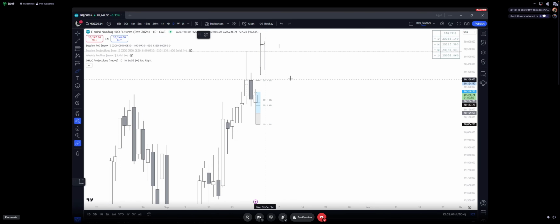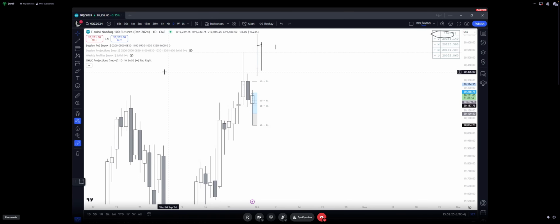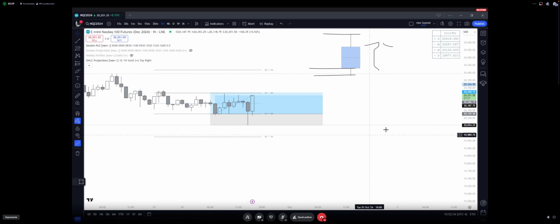But why is that? See, I went on the daily, and now we have almost 600 days of data, even though on the hourly we had 100, right? And that's why the levels are going to change, because over time there's going to be more volatility in the markets. Your average candle is going to be bigger, so the levels are going to be different.